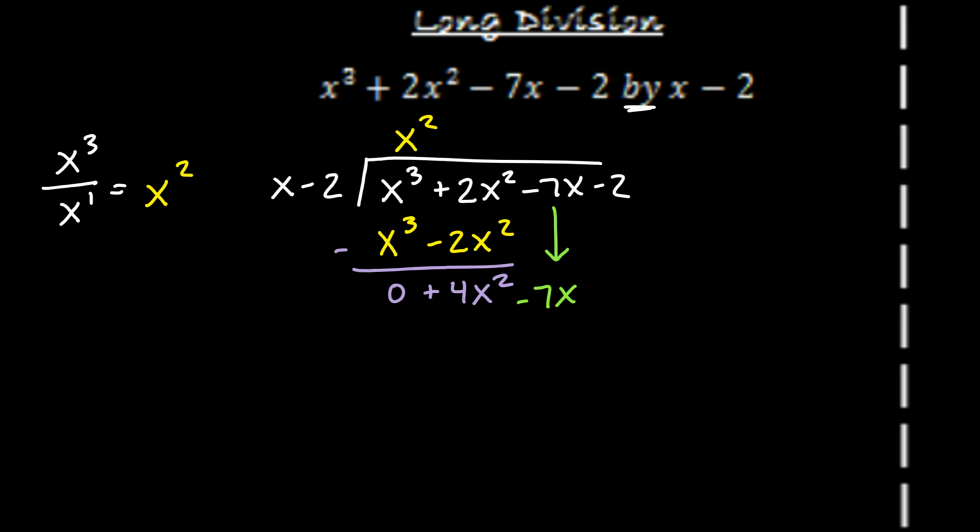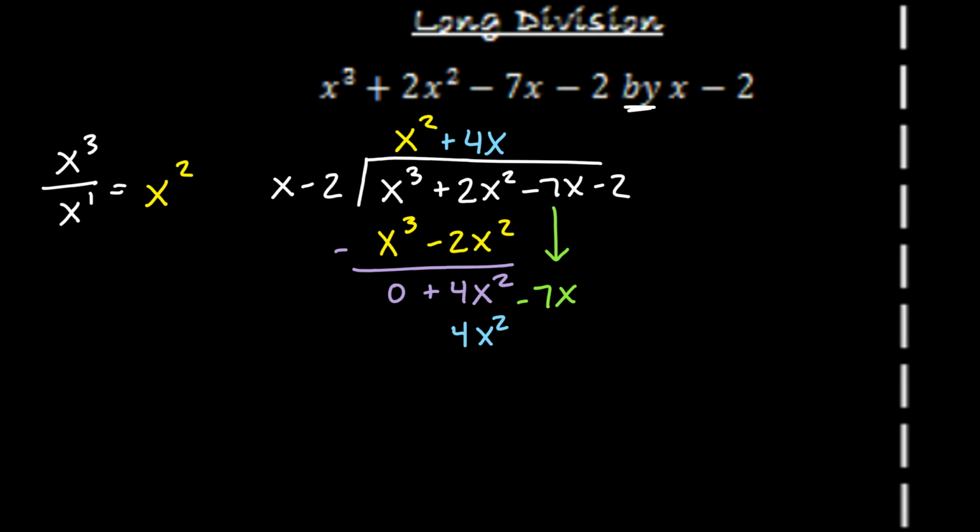So that is our next term up here, 4x. We did 4x squared divided by x and got 4x. Then we multiply. 4x times x is how much? 4x squared. Okay, I know I'm doing this right because these match.